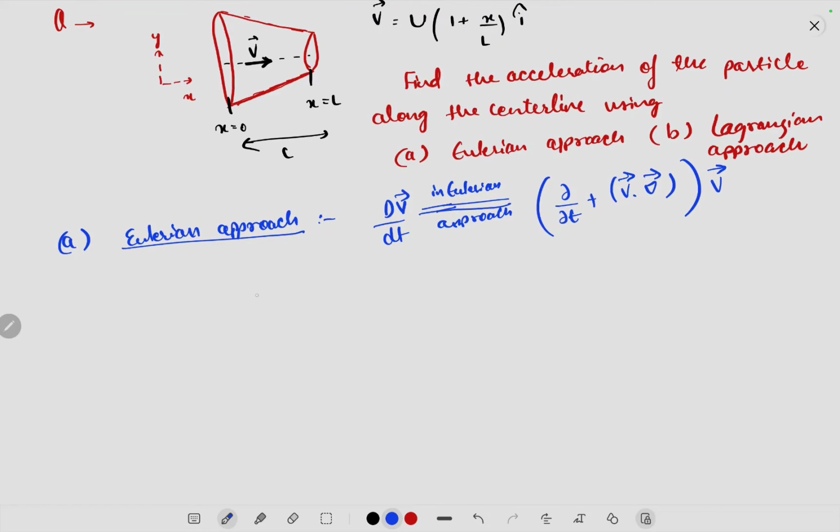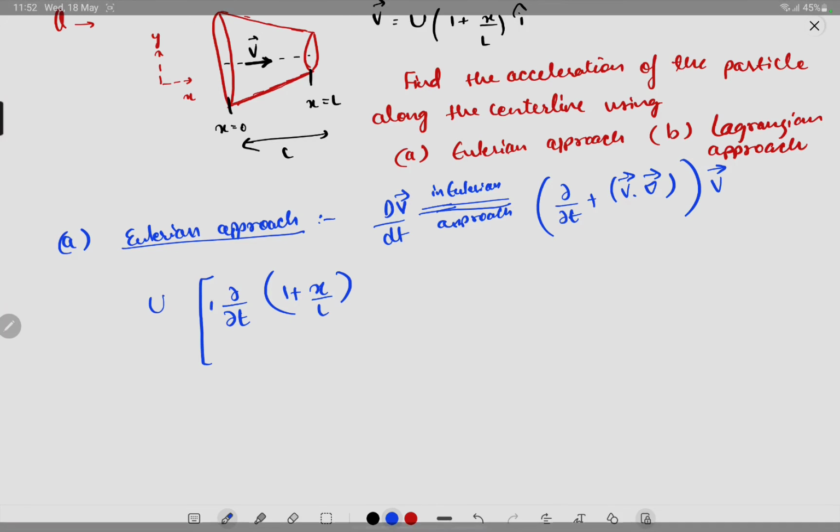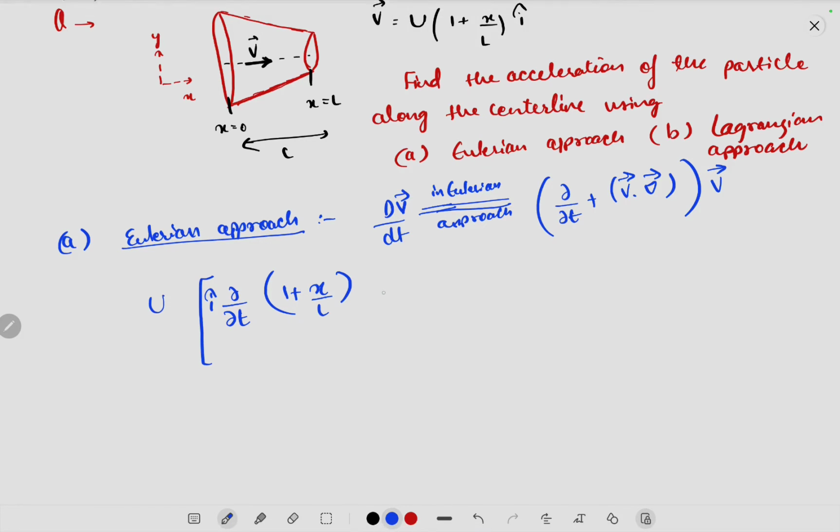Simple. So let's just find it. It would be del by del t, and since u is a constant, we can keep it outside. We have just plugged in the value of V vector here. So del by del t of (1 plus x by l) i hat, so i hat will come outside, plus V dot grad.